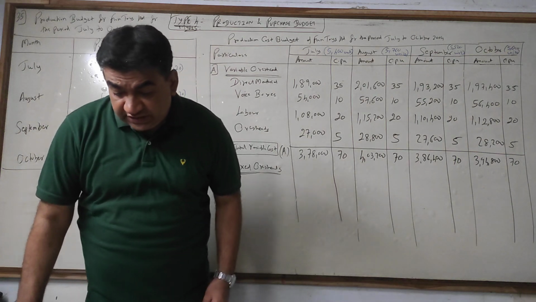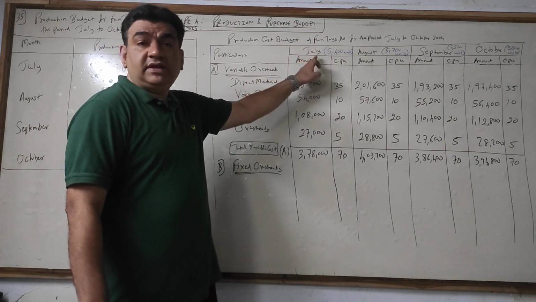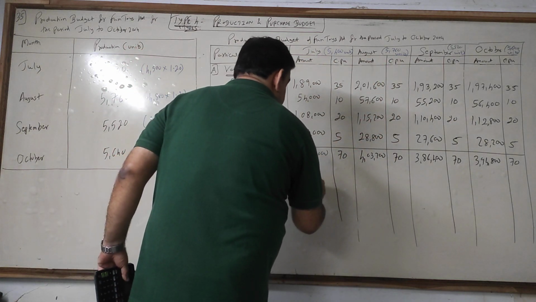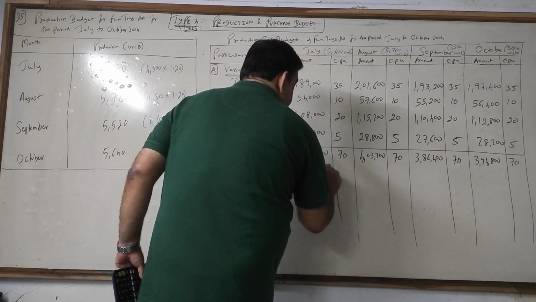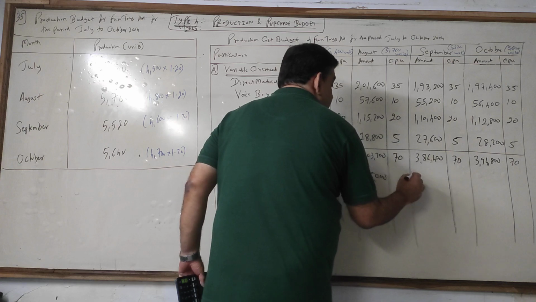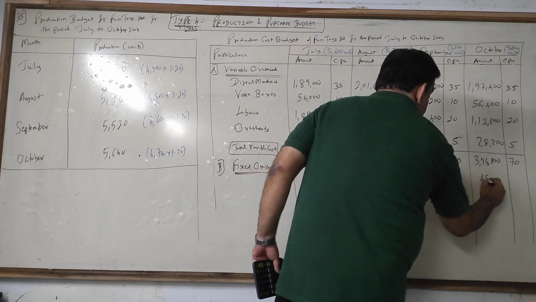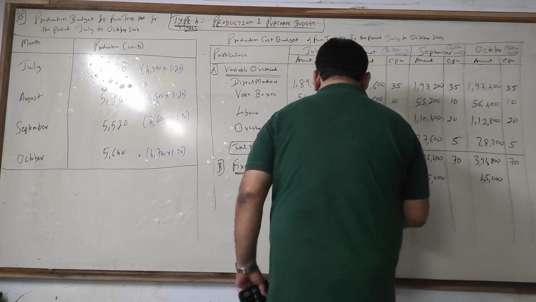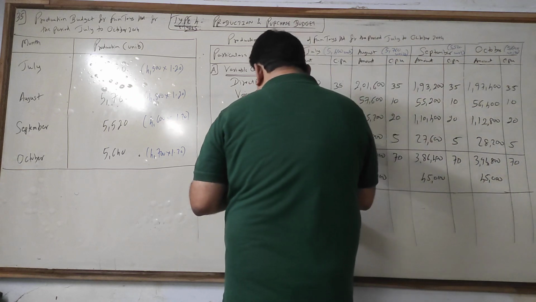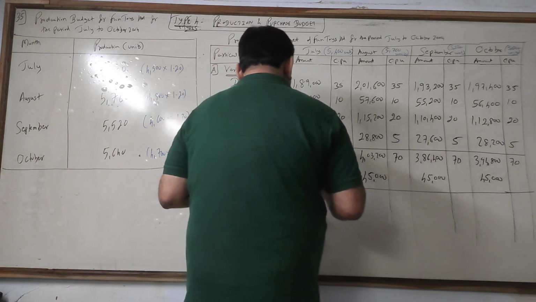They have mentioned fixed 45,000 per month. We are doing monthly: July, August, September, October. So fixed overheads 45,000 everywhere, and because the units are different, your cost per unit will change.